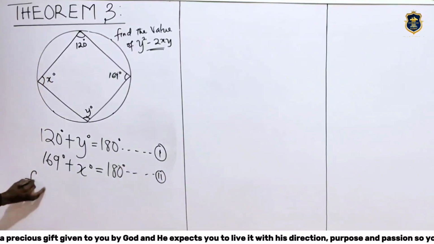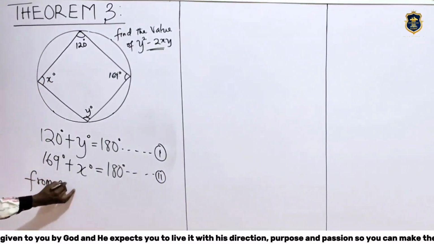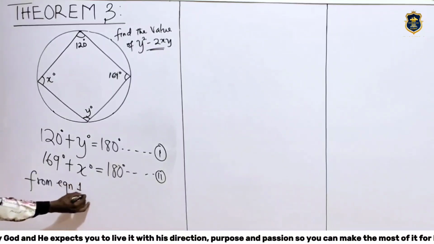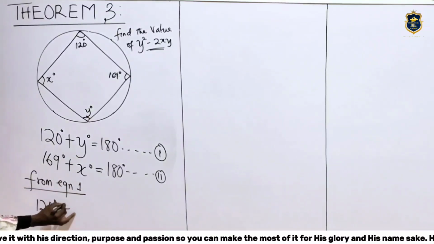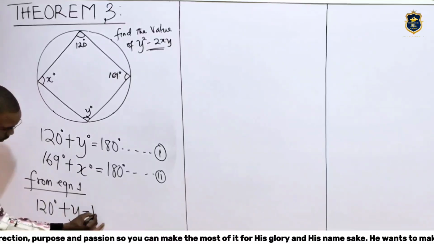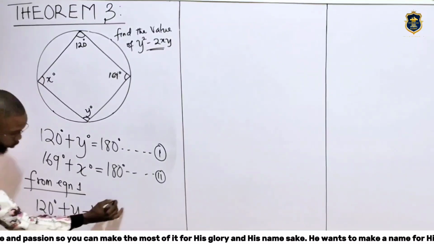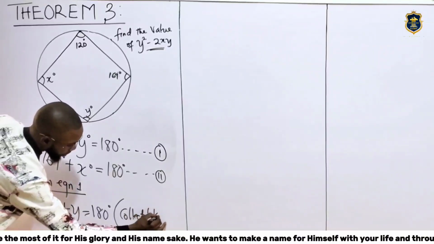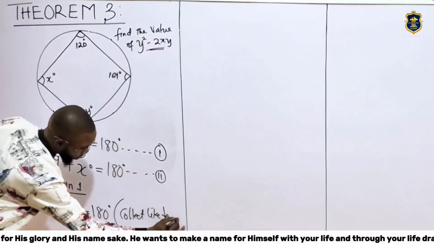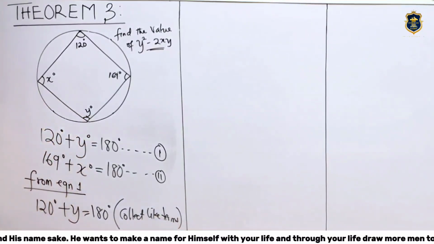So from our equation 1, what do we have? We have that 120 degrees plus y is equal to 180. We collect like terms. Is that easy now? So how do we collect like terms?